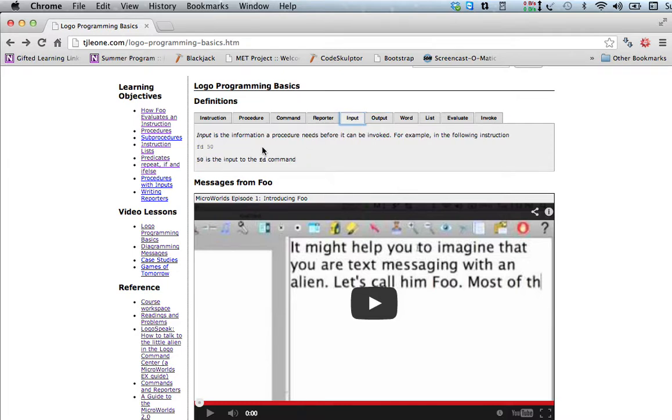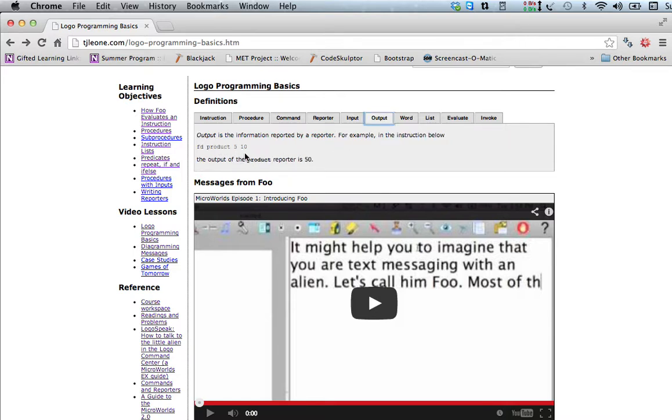Input is the information that comes in that you need to put into another procedure. Forward can't do its job unless it gets the 50. So 50 is the input.